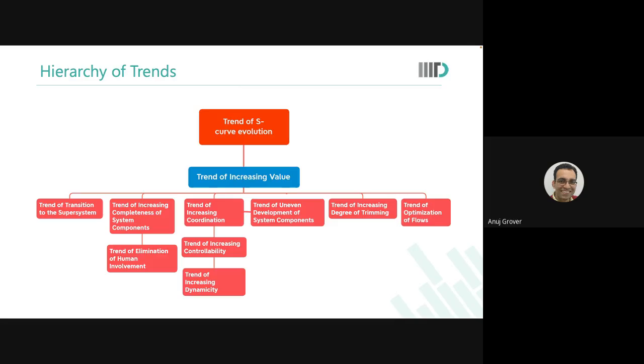And now, when we talk of this trend of S-curve evolution in the context of TRIZ, what we say is that this curve represents the growth of the number of patents in any particular technology. For example, in memory compute, the number of papers and patents you start to observe will at once ramp up.